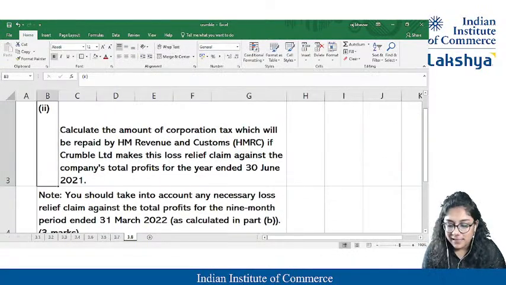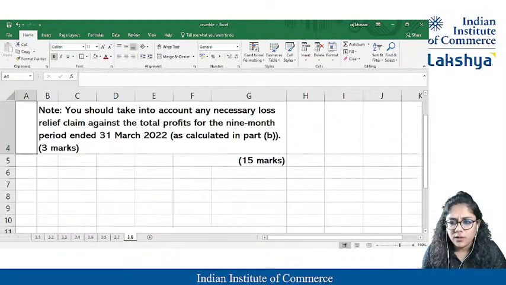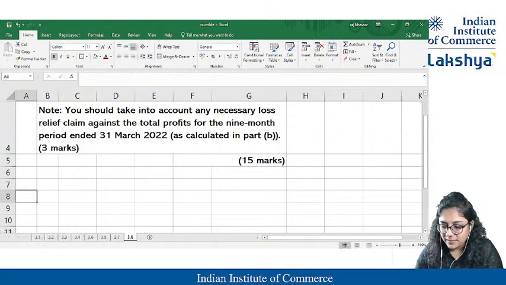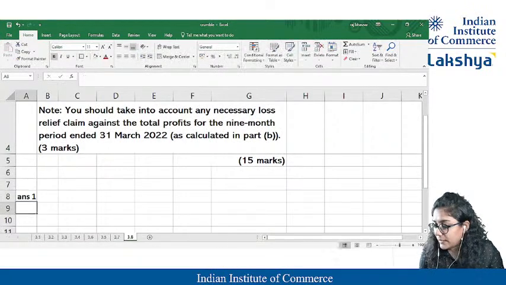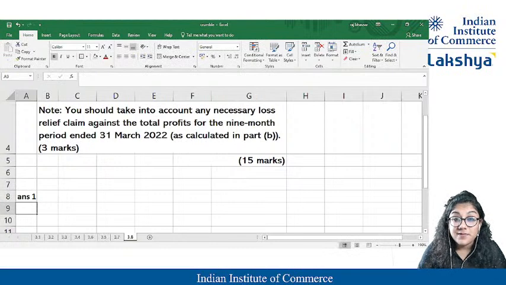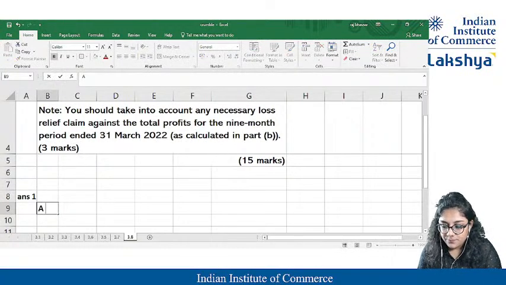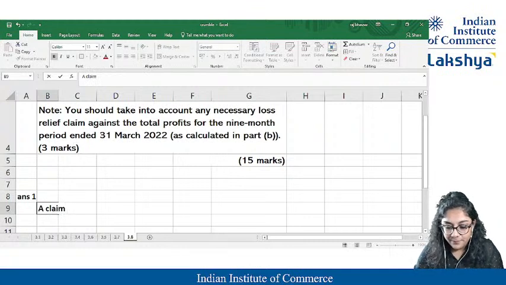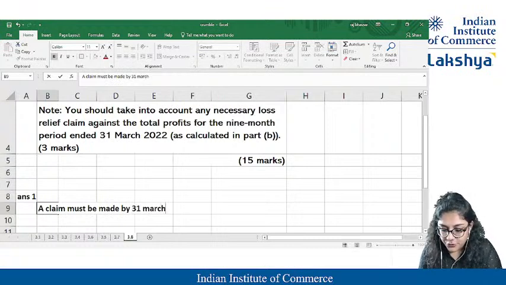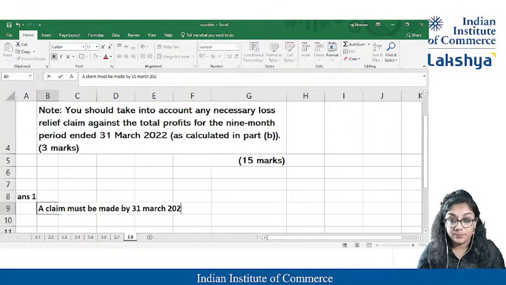What is the last question? Okay, let me write the answer. Answer for the first one over here. For that, guys, you have to claim also. A claim must be made by 31st March 2024, because I want to carry forward.